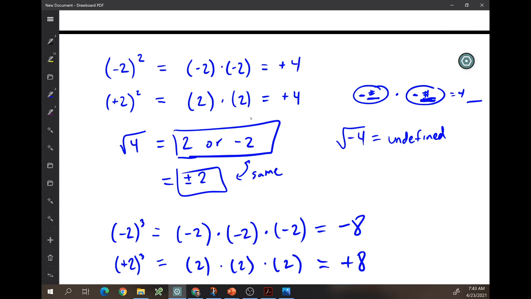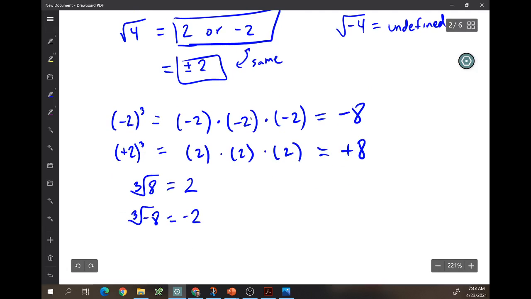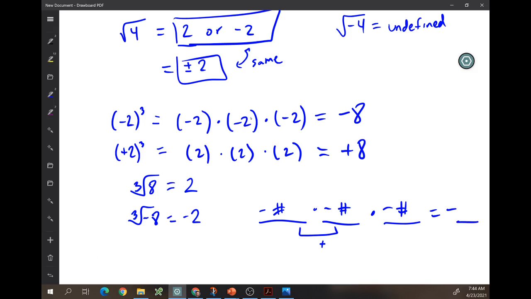But with the cube roots I could. The reason why is when I have my first negative number times my second negative number, this part turns positive. And then when I multiply it the third time, a positive times a negative is negative. What this has to do with is evens and odds.